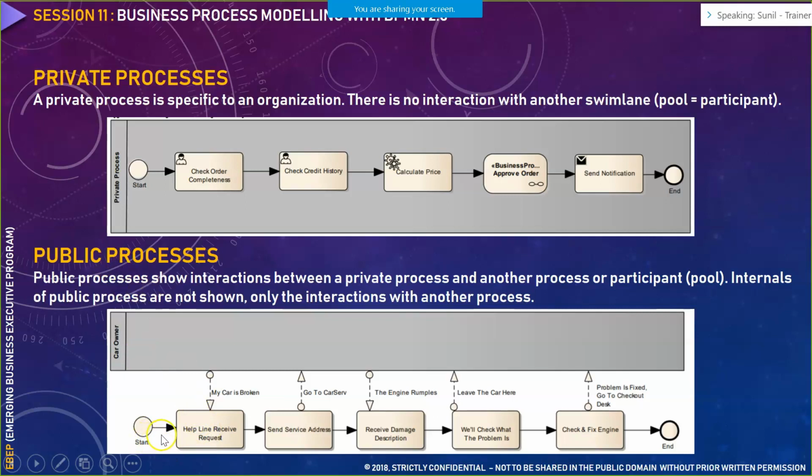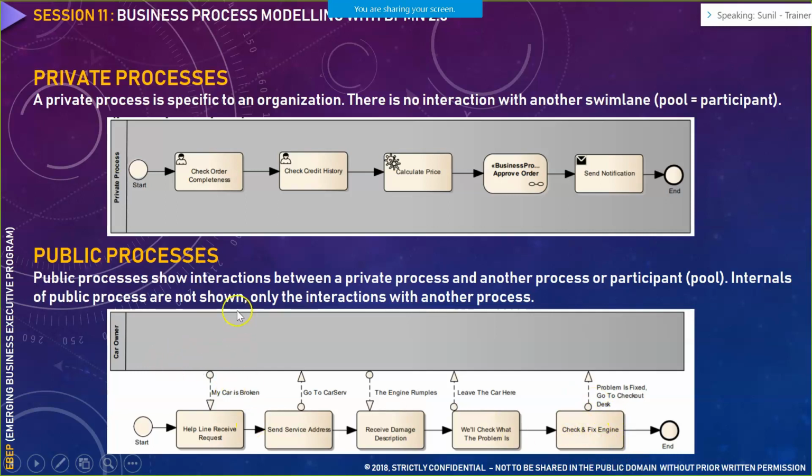Here you start a particular thing, then you call a particular helpline, then you send the service address to them, then you receive a damage description, then the particular user would say, okay, this is your ticket number, and we will review your damage description, and then they will check and fix the engine of that particular system.